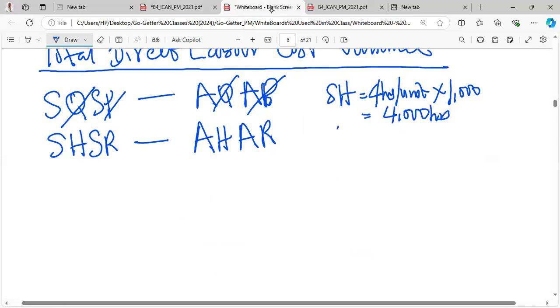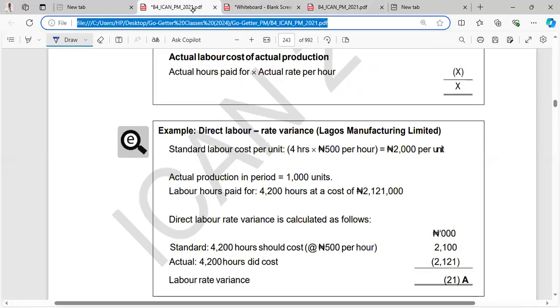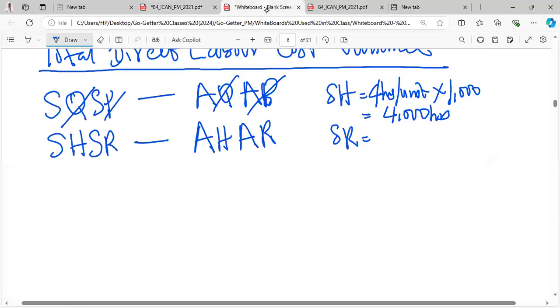All right. Standard rate was given to us here as 500 naira per hour. So it then means that standard hours times standard rate is going to be 4,000 multiplied by 500.